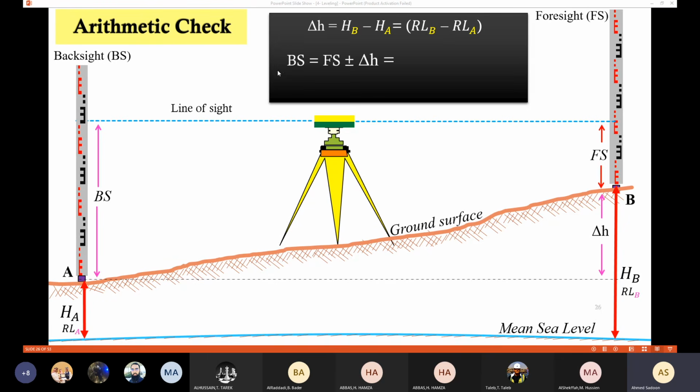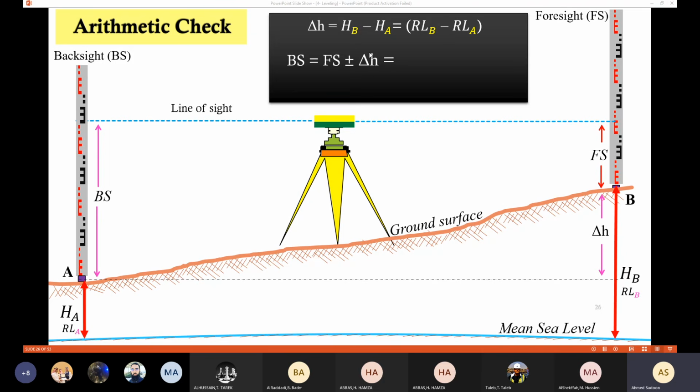And we said that the backsight, if you draw a horizontal line here and a horizontal line there, this distance is equal to the foresight, the distance from here to here, plus delta H, right? From this figure, we can say that the backsight equals the foresight plus delta H. Of course, it could be plus or minus, depending on whether this elevation is higher or lower than this elevation.